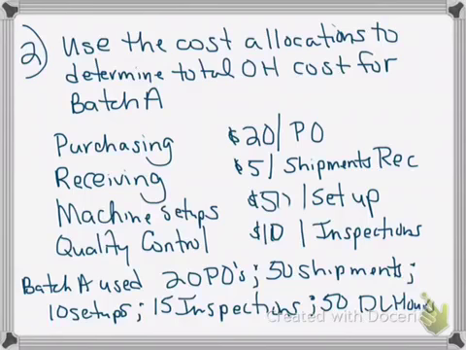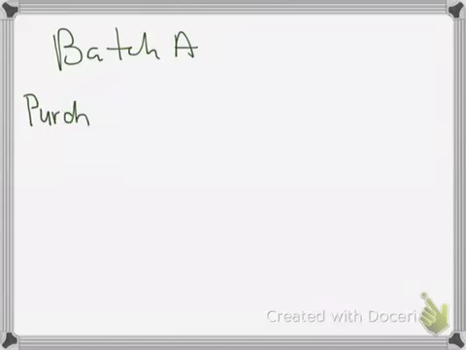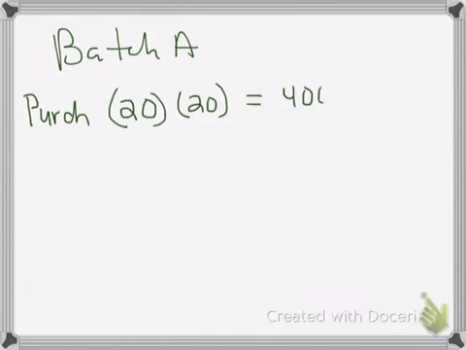hours. So when I get ready to look at what my total overhead for batch A is going to be, now remember this is just for batch A, what we'll look at is the purchasing activity, it is at $20 per purchase order, and we have 20 purchase orders being used by batch A, so that's $400.